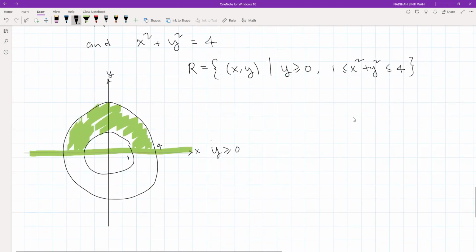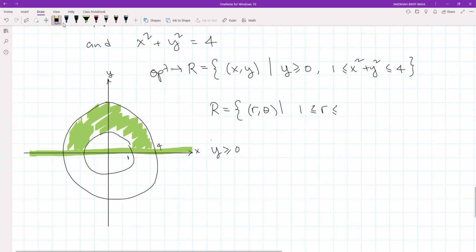Okay, so kalau saya translate dekat polar coordinate. So yang ni, kalau awak tak nak buat yang ni pun tak ada masalah. So this is no problem. This is optional. Okay, kalau saya translate dalam polar coordinate, R and theta, so this will be R in between 1 and 2.